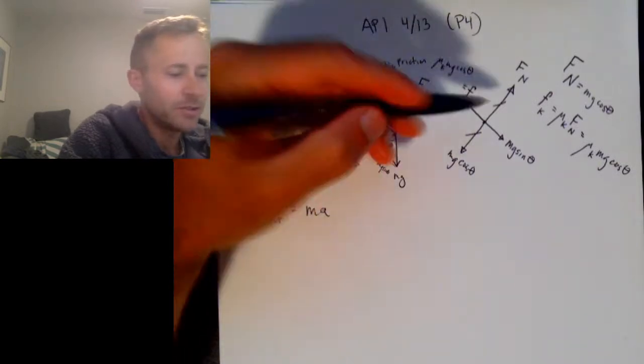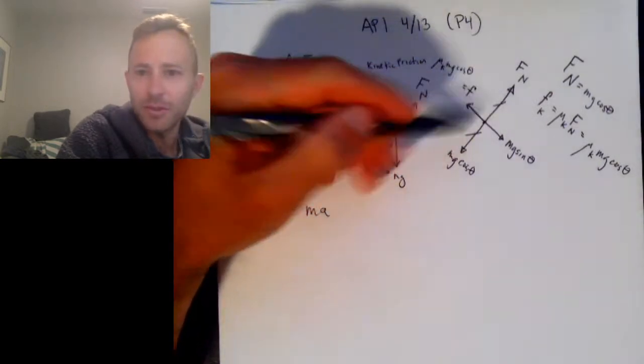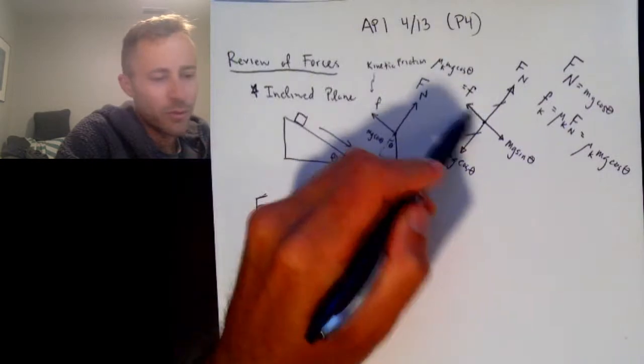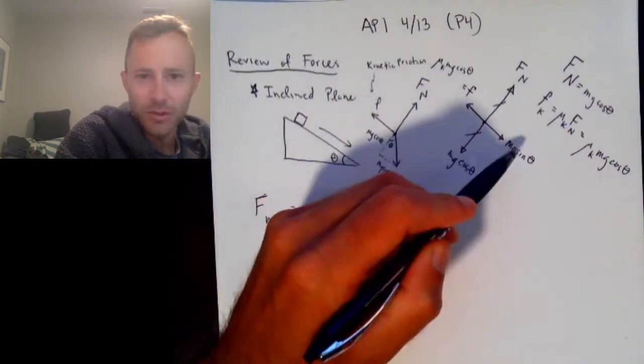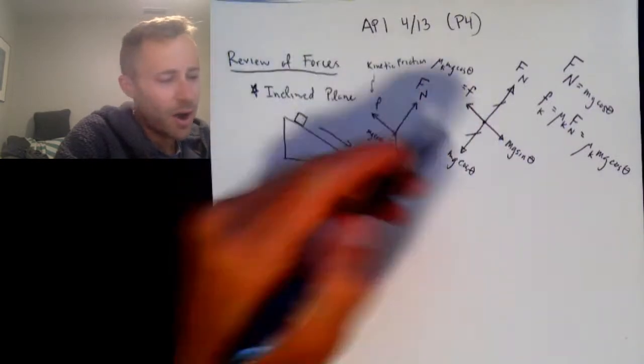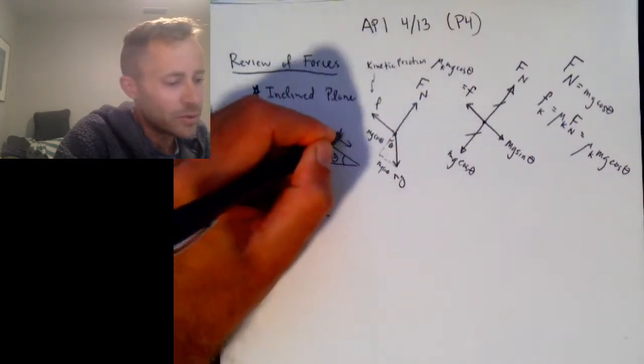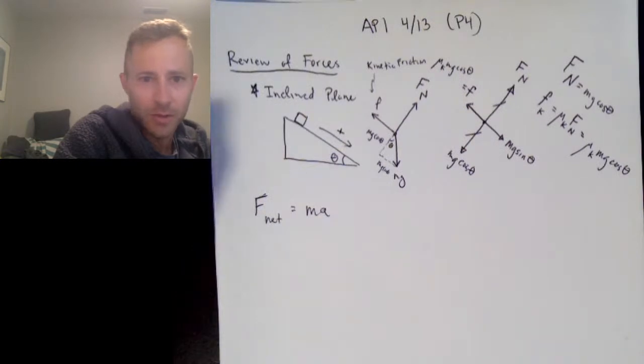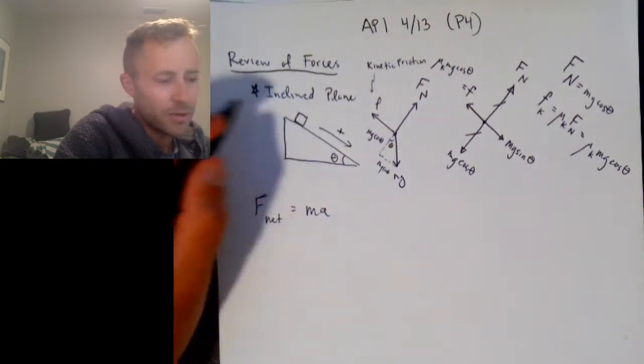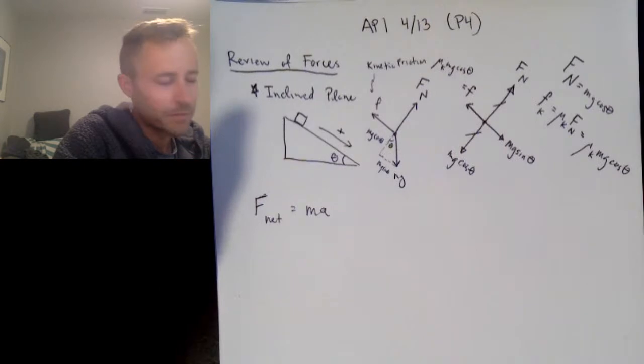Now, because these two forces are equal and opposite, these two forces are the only ones that are remaining, and they are in opposite directions. So I am going to choose down the incline to be the positive direction and up the incline to be the negative direction.